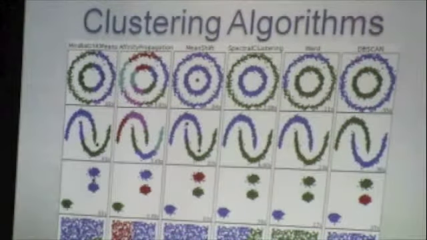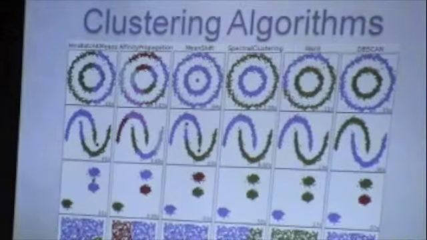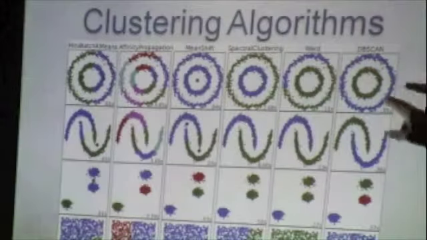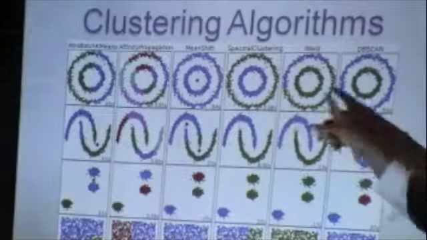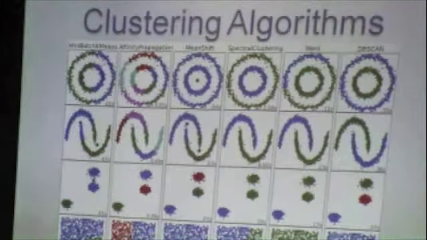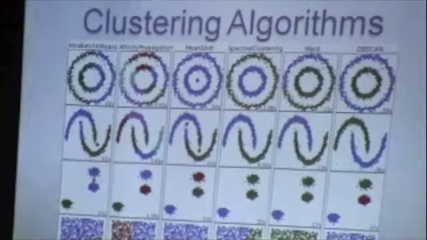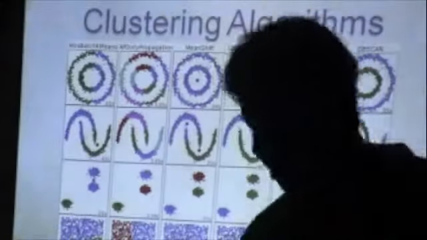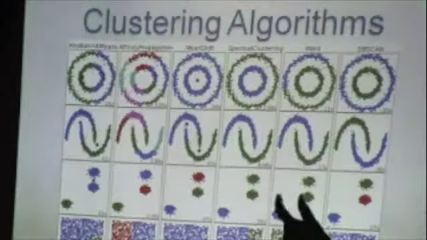Spectral clustering, I have a section on the next slide that will show you when you would use that. But for my purposes, I want to use one of these two. Actually, I want to use this one because it gives a better cluster for us.